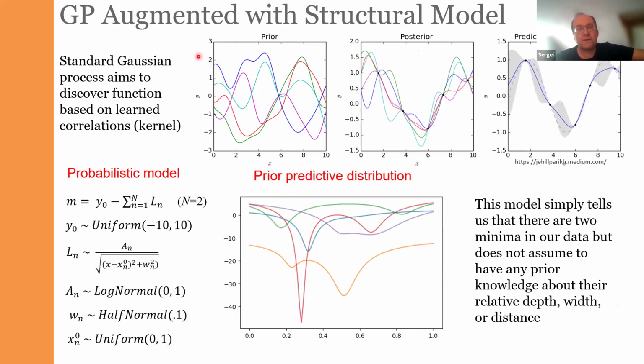So remember that the standard Gaussian process works like this. We start with the priors. Our priors are all functions that have this wiggly behavior, with the smoothness of the wiggles dependent on what their kernel is. If we take our experimental measurements, we assume that we fixed the value of the function at the measured points, which means that out of these possible priors, only those that pass through this point survive.